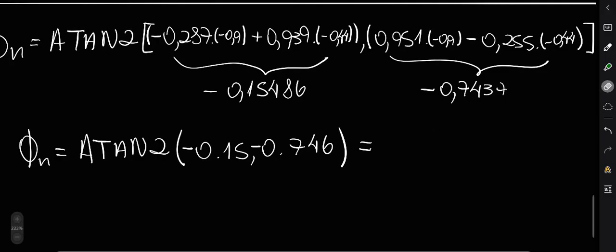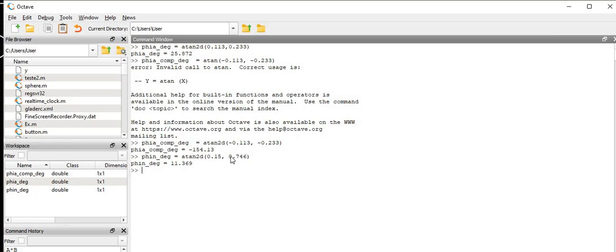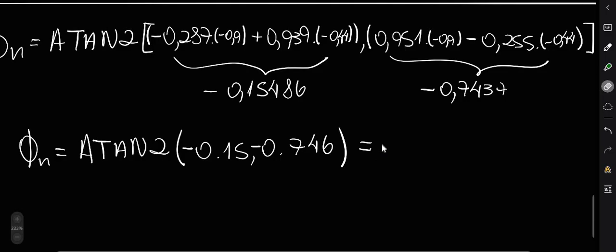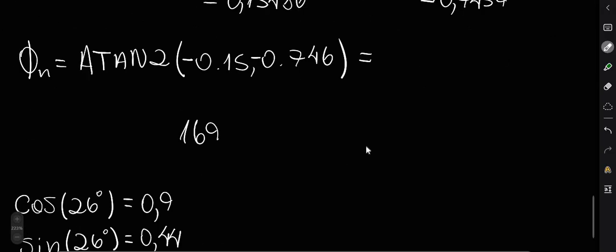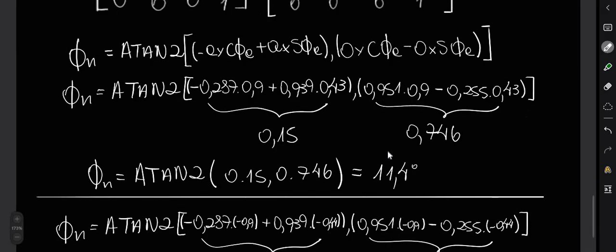Okay. Now on Octave, I will copy this line and modify the sign of the coordinates. Let's see. Okay, now 168, 169. Well, let's see.